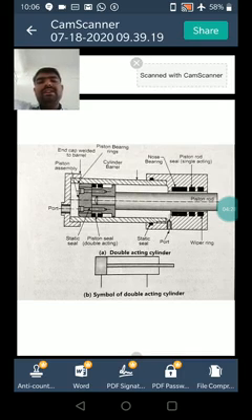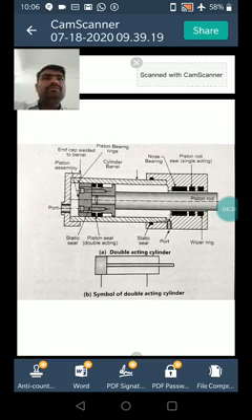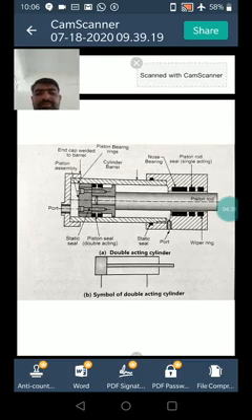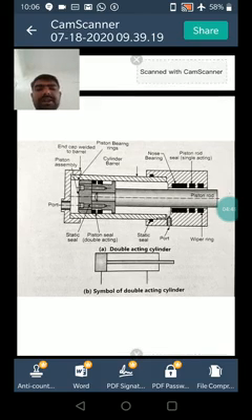Here are the various components of a double acting cylinder: static seal, piston seal, static seal, port, wipers ring, piston rod, nose bearing, piston bearing or piston ring, cylinder barrel, end cap welded to barrel, piston assembly, port.